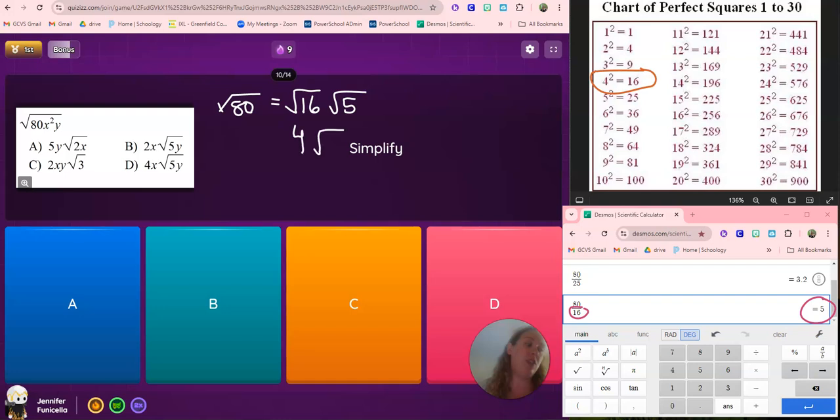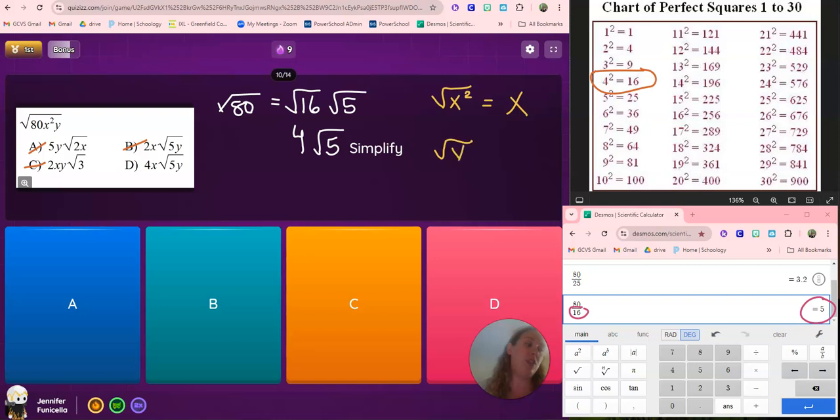And that's just the number part. Already, we know it can't be B, and it can't even be A, just by getting that first part, because we have to have a 4 in the front. But just to check the rest, the square root of x squared, square root and squaring are going to cancel each other right out. So we're just left with an x. And then we have the square root of y.